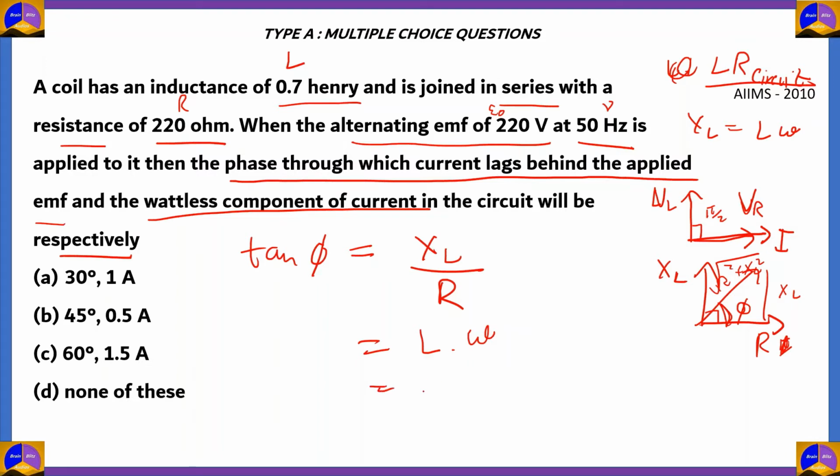And the formula for angular frequency is 2 pi times the linear frequency, which is given. So we have L into 2 pi nu divided by R. There's always a component for resistance at the bottom because it's a ratio. So L omega is XL, R stands for the resistance, and omega becomes 2 pi times nu.